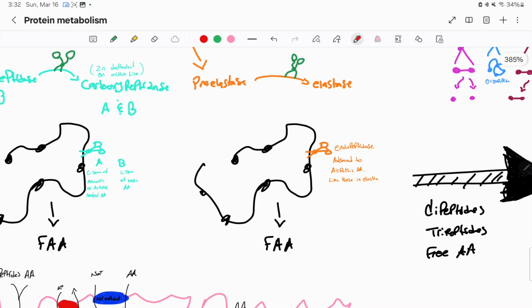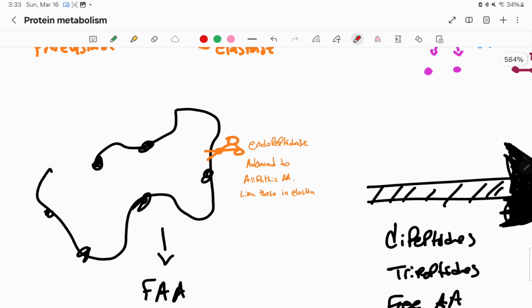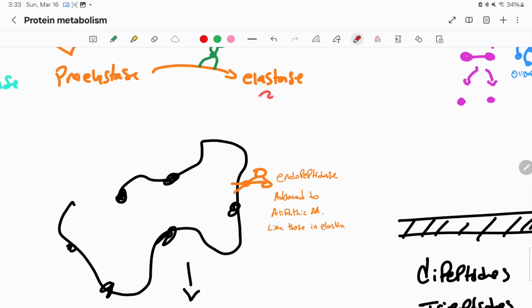Proelastase is also an endopeptidase, just like pepsin, meaning that it will start cutting peptide bonds adjacent to aliphatic amino acids. And this can actually be found a lot in elastin. If you guys know, elastin is a protein, and elastase will be cutting a lot of this elastin protein that is made up of a lot of aliphatic amino acids.